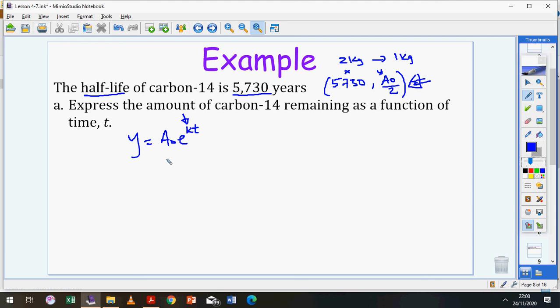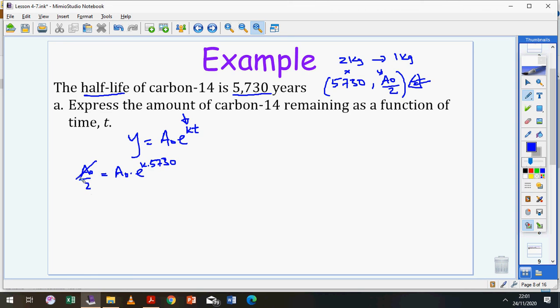So substituting that information, I know that y is now n naught divided by 2, which is equal to n naught times e to the power k times the time for that to happen, 5730 years. So the n naught cancels out. Hope you can see that, because I have n naught on both sides.